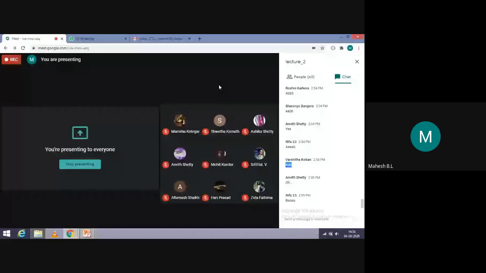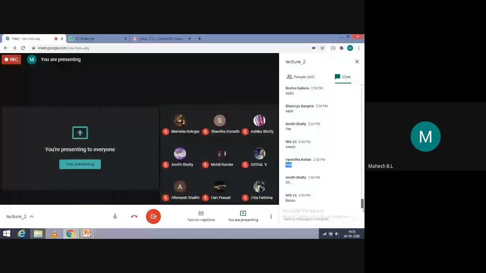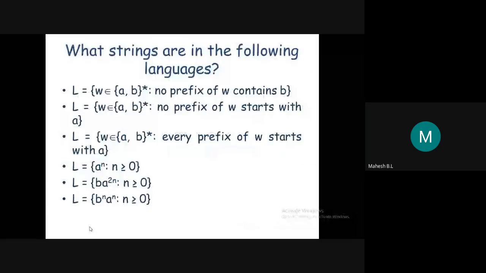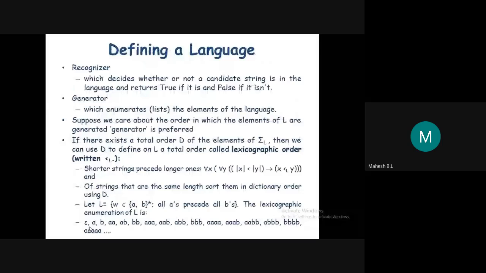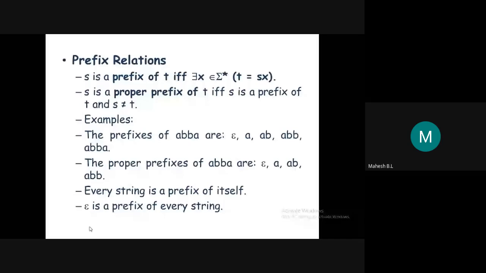Let's go back to the prefix slide, prefix relations. Here, the prefixes of ABBA are epsilon, A, AB, ABB, ABBA. These are the prefixes of the string ABBA.